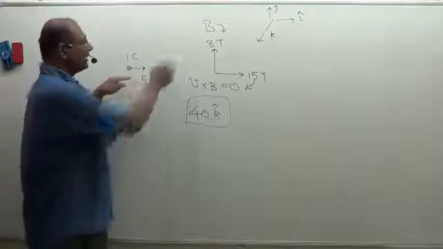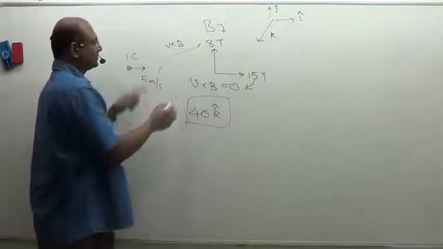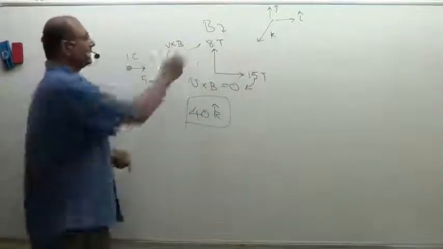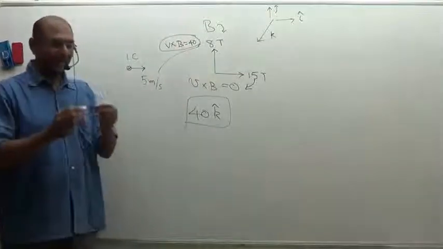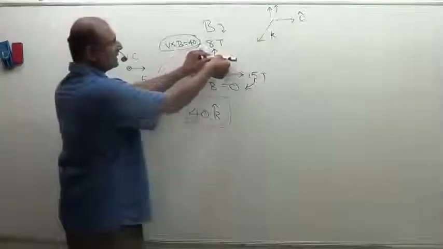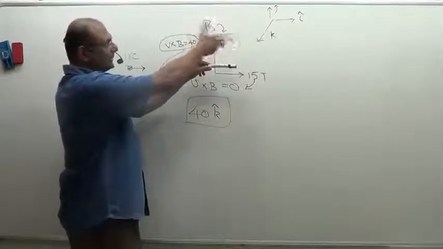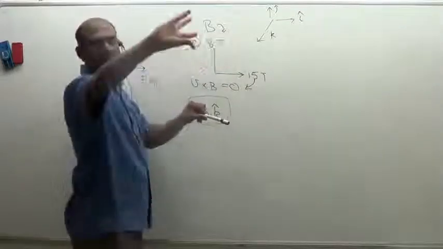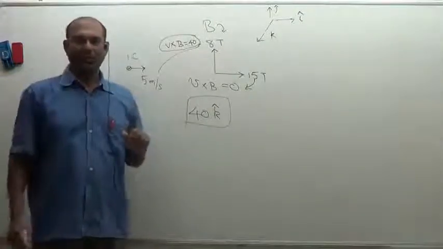On the other hand, V cross B for this magnetic field is going to be 5 times 8. They are anyway perpendicular, so that means this is 40. Now the direction: V is like this, B is like that. So V cross B, from V to B, is going to point outwards. Therefore the answer is 40 K. Very good.